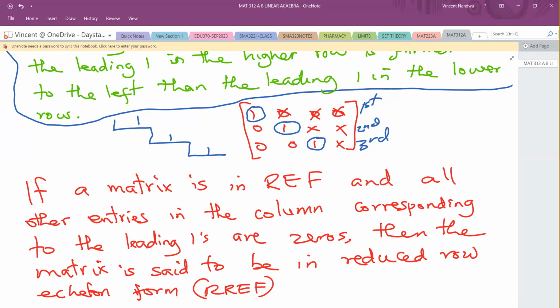To get to reduced echelon form, first you have to be in row echelon form, and then you add another condition: anywhere there's a leading one, all other positions in that column will be taken by zeros. Like in this example, if I name these entries A, B, C, D, E, and F.